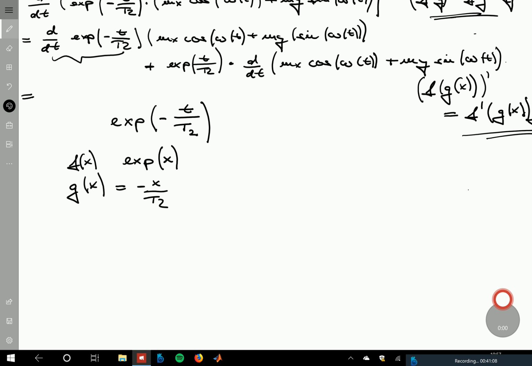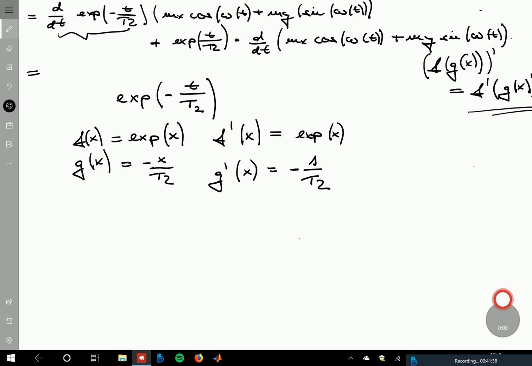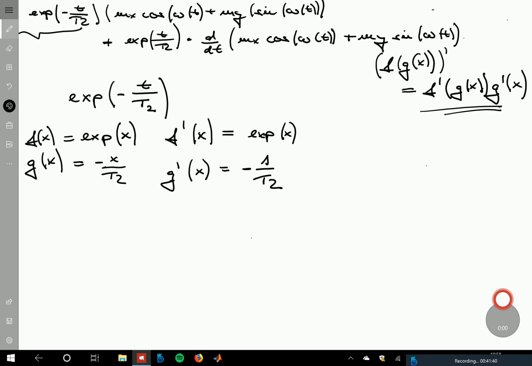Yeah, the derivative. But for now we need these derivatives. And this derivative, I think you already said it. And now we have to still apply this.